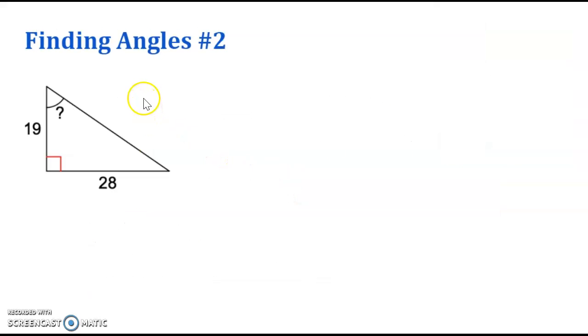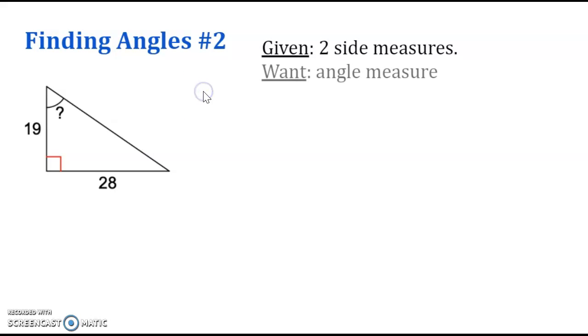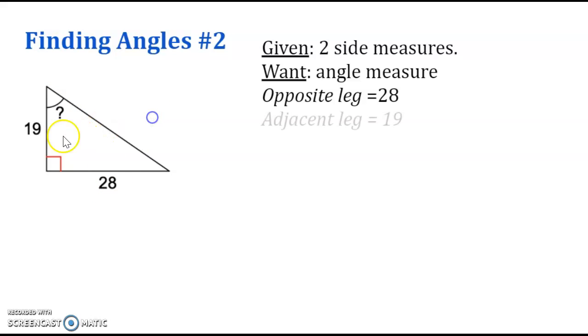All right, so then finding angles number 2. Let's try this one. Given two side measures and you want to find the angle measure. We're trying to find this angle. Okay, so the opposite leg to the reference angle, or the unknown angle, is 28 because it's across from that angle. And then the adjacent leg is 19.